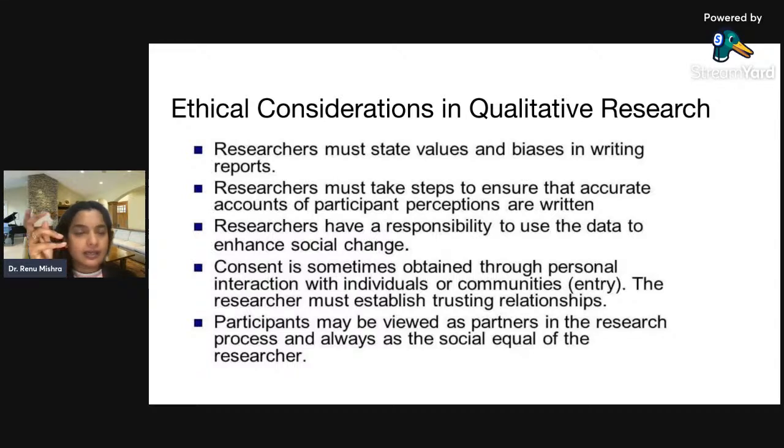So even unintentionally, your writing does get influenced by your own biasness, which should be avoided. Whatever perceptions, whatever experiences your participants are sharing with you, should come as they are. Your participants should know what information they are sharing and what will happen with the information later on. Otherwise, with your own biasness, they are not giving any consent. This is a clear ethical violation.